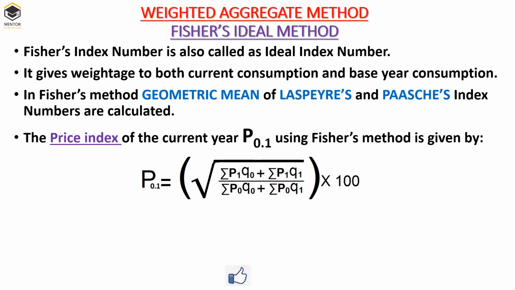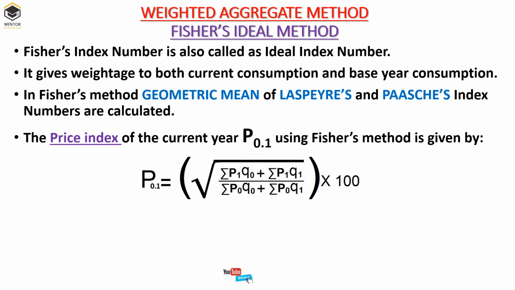To that formula we just have to take the square root. If I take the square root of the Marshall Edgeworth method, it will be our Fisher's ideal method. So Fisher's ideal method is a geometric mean of the Laspeyres as well as the Paasche method. First we have the Laspeyres method, next we have the Paasche method. Both methods we have taken and computed the geometric mean.